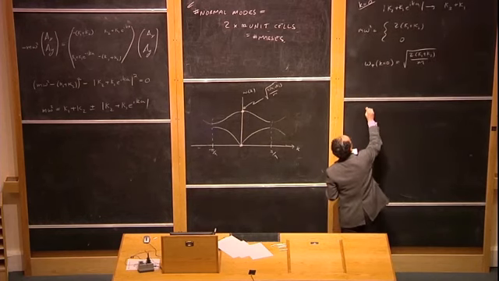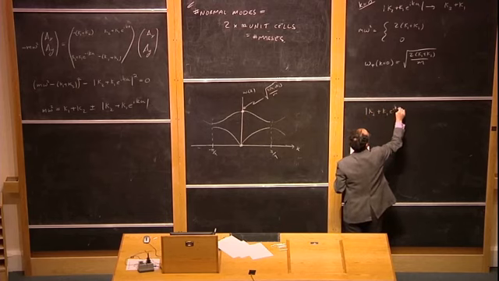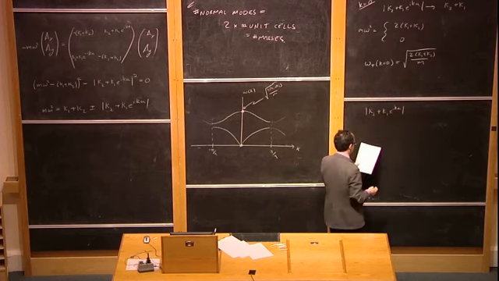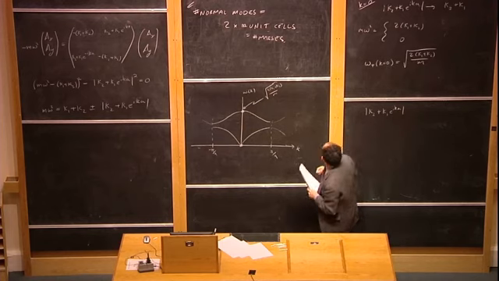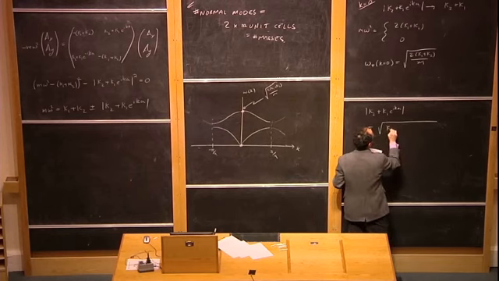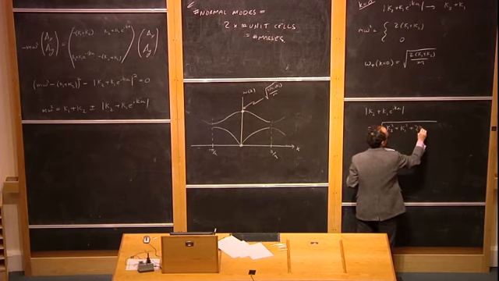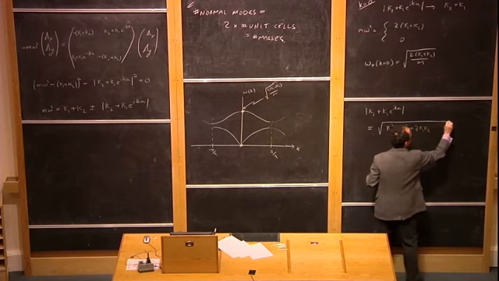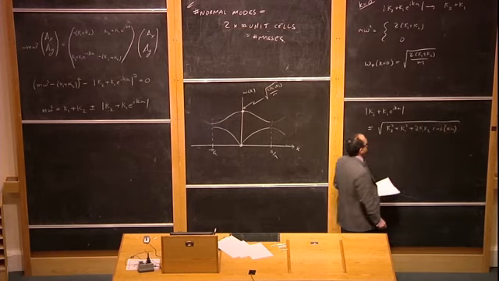So let's take k2 plus k1 e to the i ka. That quantity there can be written as the square root of kappa 2 squared plus kappa 1 squared plus 2 kappa 1 kappa 2 cosine of ka, just by multiplying that out.